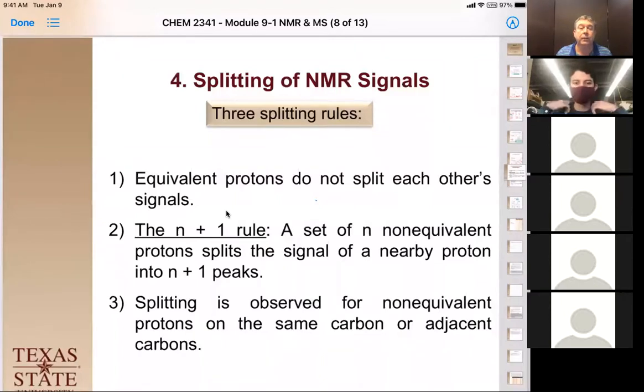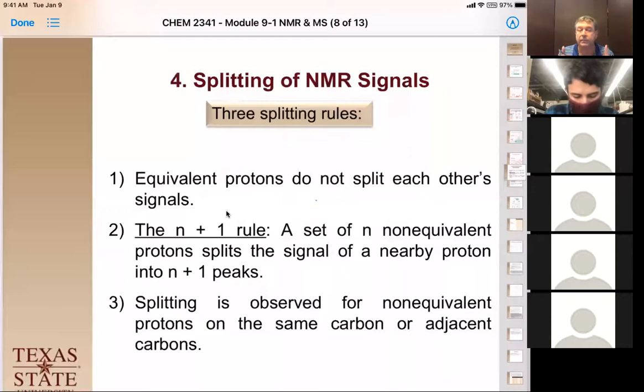Okay, so equivalent protons do not split each other, meaning that if you have 2 hydrogens on the same carbon and they are equivalent, like not in a ring, sometimes the ring makes them non-equivalent. If it's a straight chain hydrocarbon and they're on the same carbon, they are typically equivalent protons. Now, we also can have 2 hydrogens on the same carbon that aren't equivalent, in things like alkenes.